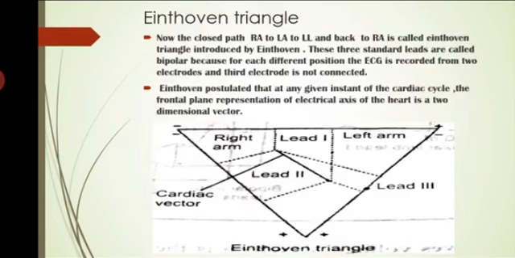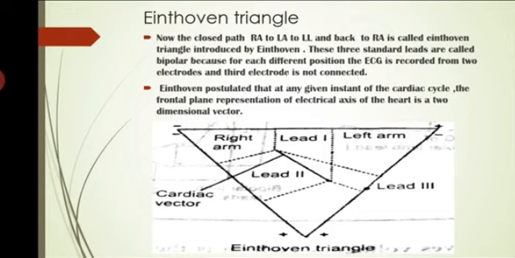Using these 3 connections, they find the resultant ECG signal. To get the resultant, they use the Einthoven triangle. The closed path from RA to LA to LL, that is, the right arm to the left arm to the left leg and back again to the right arm, is called the Einthoven triangle, introduced by Einthoven.